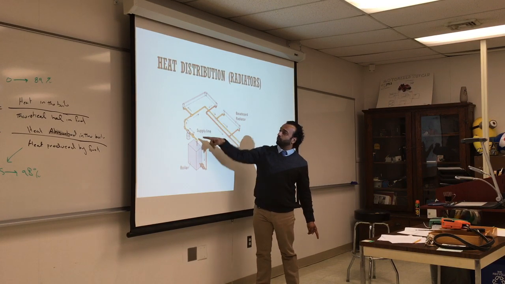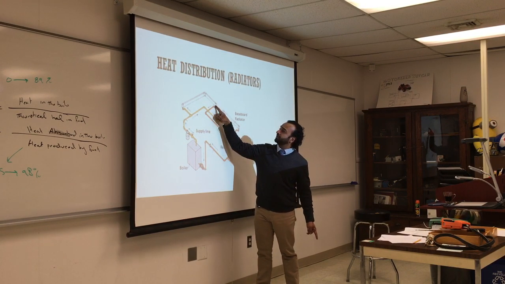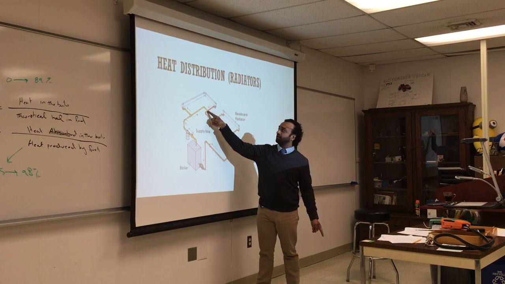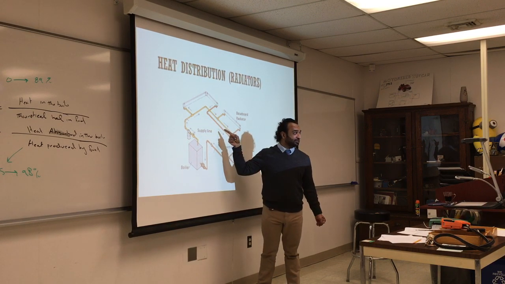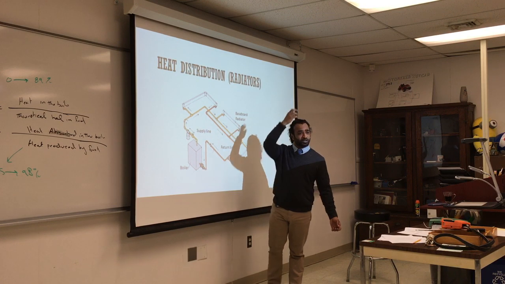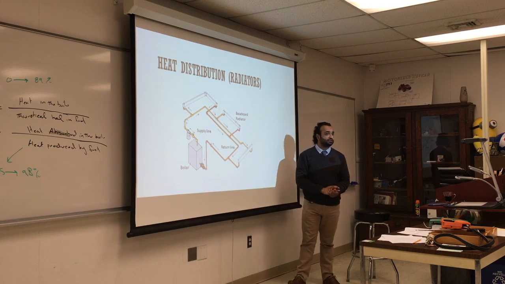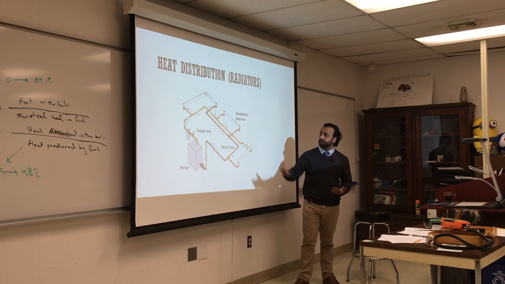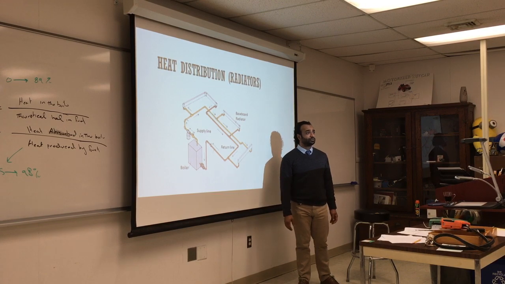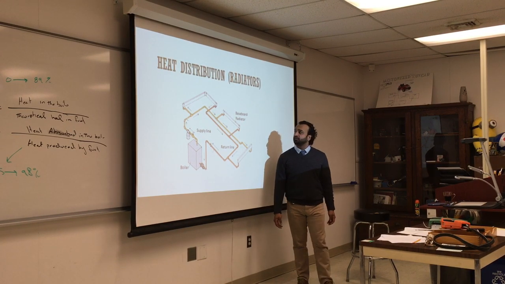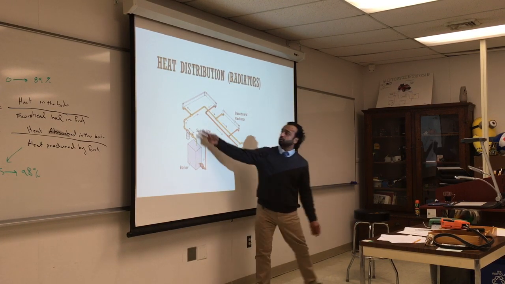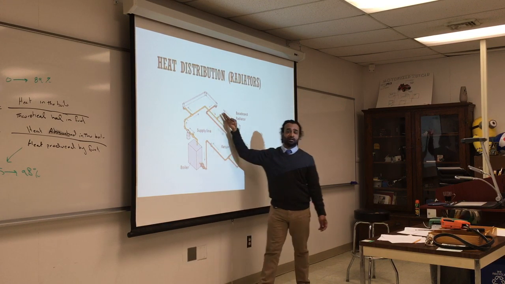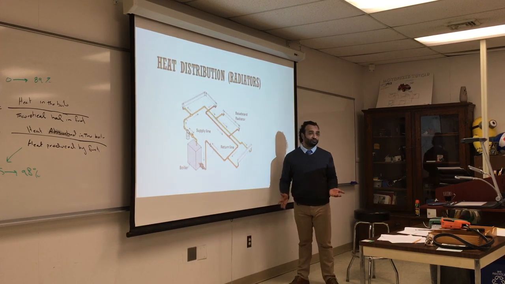If this was connected with one pipe, where the output goes to the pipe again, that's called the series system, which Tracy was talking about before. It's an easy way to put it in. You're going to save some pipes and elbows and soldering, but it's not efficient at all because the first room will get all the heat, the second one not, and the last one will be almost dead.